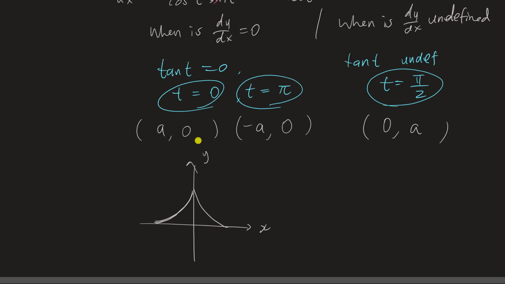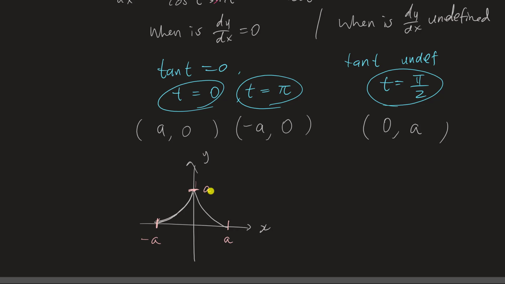We will have horizontal tangents at (a, 0), right? Clearly, this is a. We have another horizontal tangent at (-a, 0), right? Because see, there's a tangent here. So therefore, this stationary point is -a. Notice here, you get a vertical tangent because of how the curve is, which is actually this, (0, a).